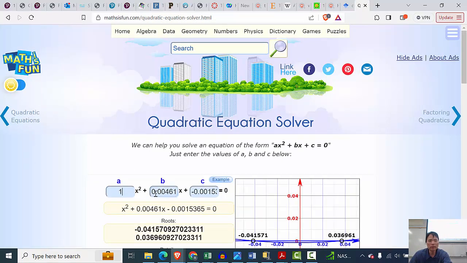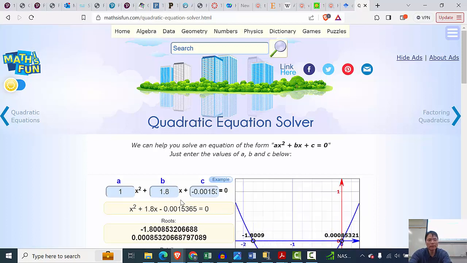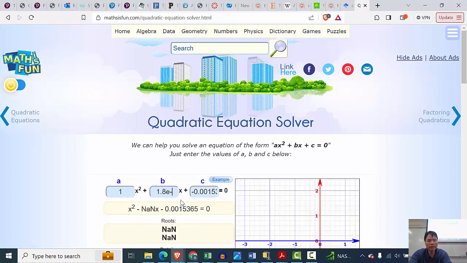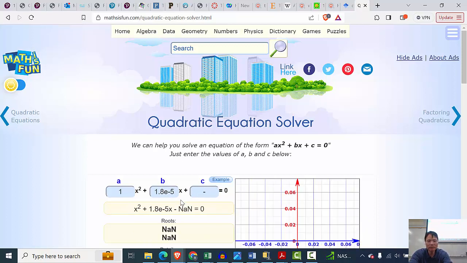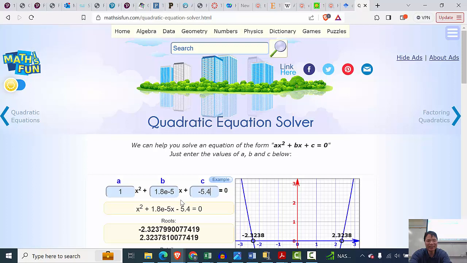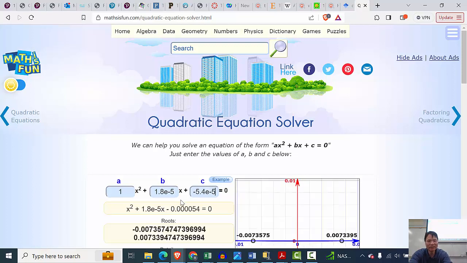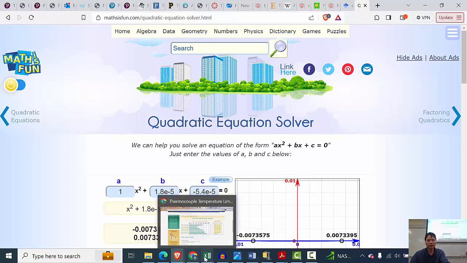A was 1, B was 1.8 e to the negative 5, and then C was negative 5.4 e to the negative 5. 0.00739. 0.00739.